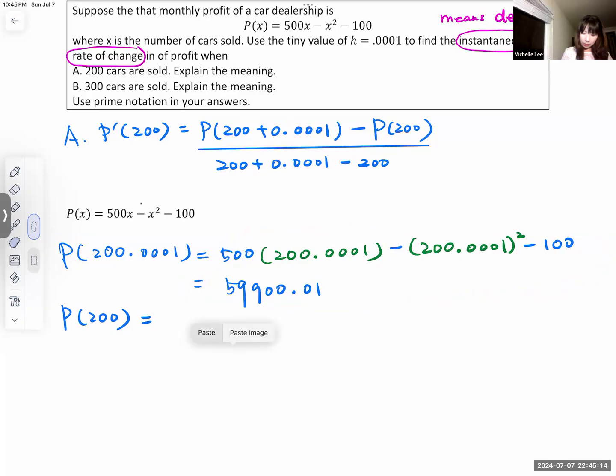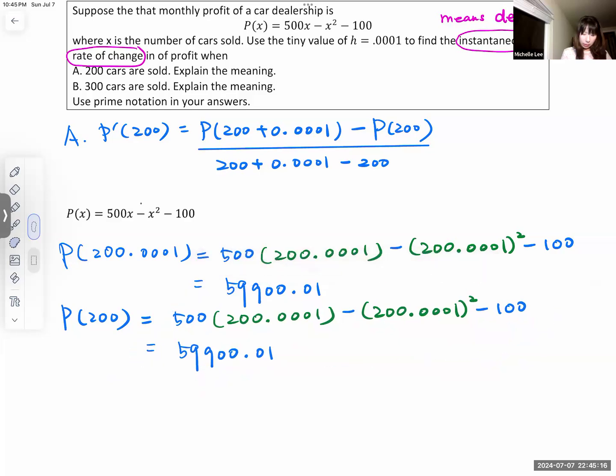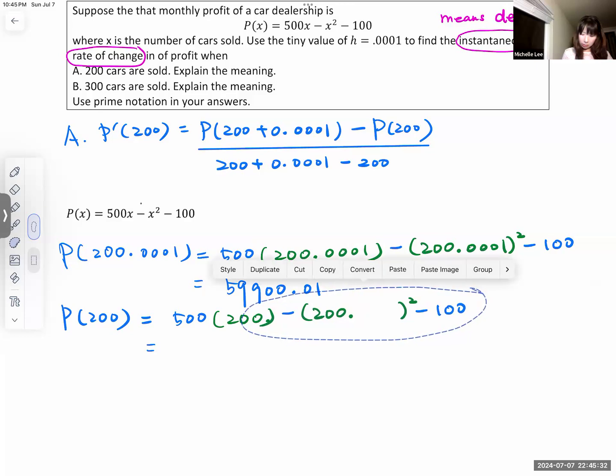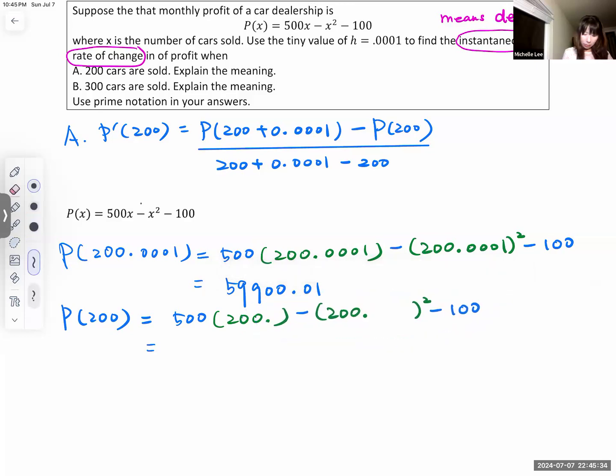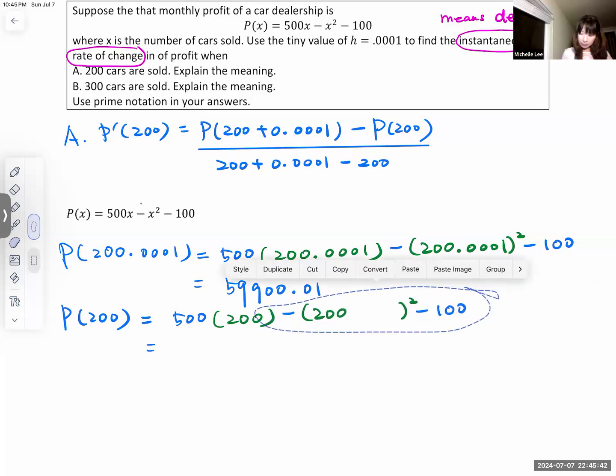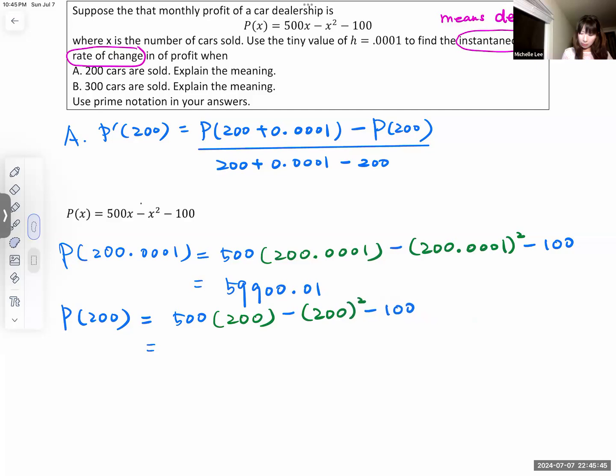So we have 200, right? Okay, so we get this one 59,900.